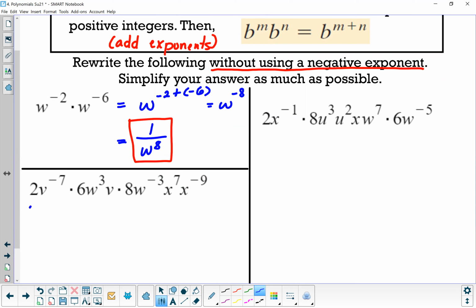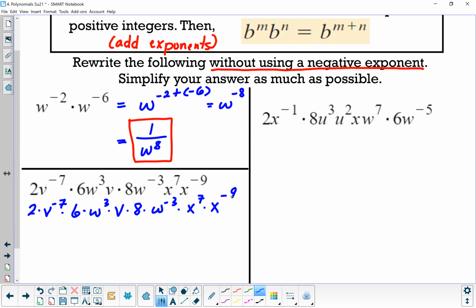So I could write this as 2 times v to the negative 7 times 6 times w cubed times v times 8 times w to the negative 3 times x to the 7th times x to the negative 9. Okay, I could write it that way. It's not necessary, but I'm emphasizing all of this is multiplication.